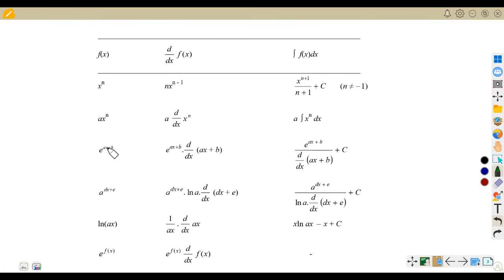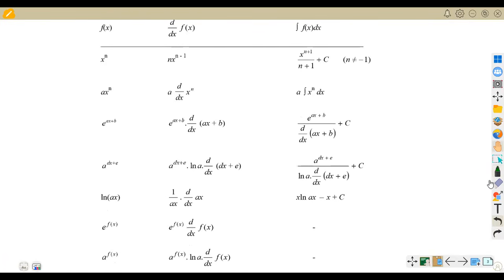If we are given e to the exponent of ax plus b, let us just say it's a function, e to the exponent of f of x. It follows that in actual sense, let me have it here because here they didn't write it for us. It's not like e cannot be integrated. E can be integrated. I don't know why they didn't list this one.